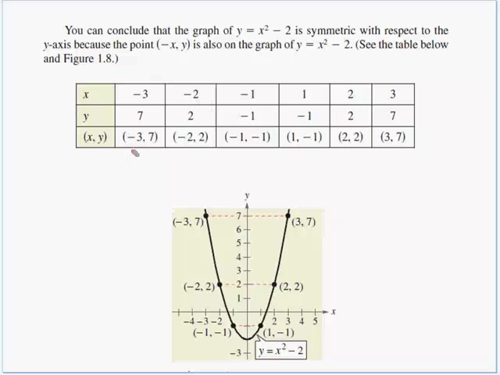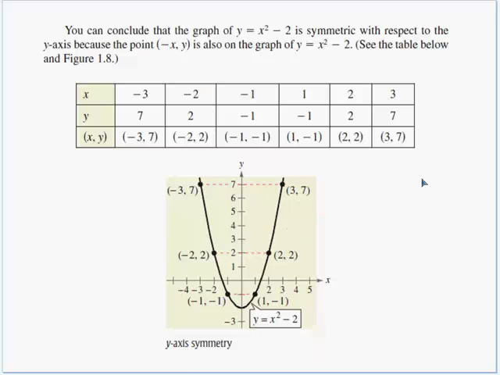Later on in this lesson, the third video, I believe, we'll come to the shortcut of how we can identify these different types of symmetry. If we know we're going to be symmetric about the y-axis, and I should switch over to red here, we can get away with only plotting half the points. If I know I have y-axis symmetry and I can plot the point (3, 7), I automatically know (negative 3, 7) is also on the graph.